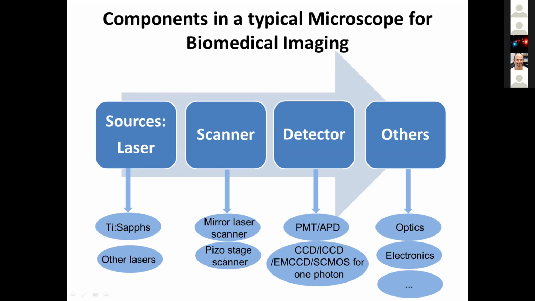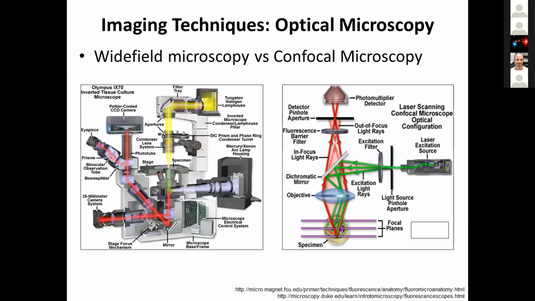I will address all of the options, and then we will need to detect the light. For this, we will have two main groups, basically one related to point detection and the other related to many points in parallel: the PMTs, APDs, or the cameras. And then I will cover some other little things about optics and electronics that we need for this kind of approximation.